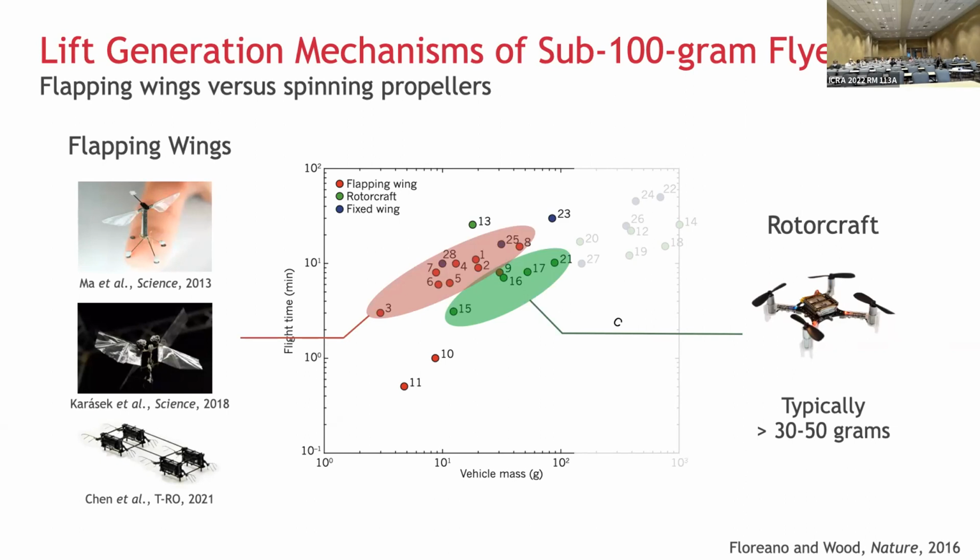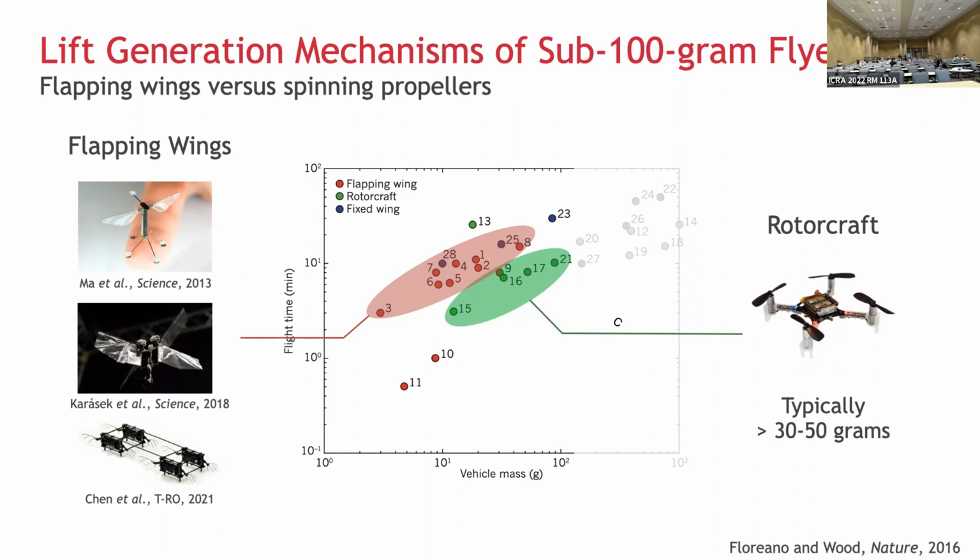You know that quadcopters can go to even human scale, but smaller quadcopters are probably a few hundred grams. Right now, lots of DJI products are probably down to 200 grams. But the smallest ones that are prevalently used are down to about 30 grams. And they don't make it smaller than that because it doesn't work very well, not only because of aerodynamic efficiency, but also other scaling effects affecting the efficiency of DC motors, for example.